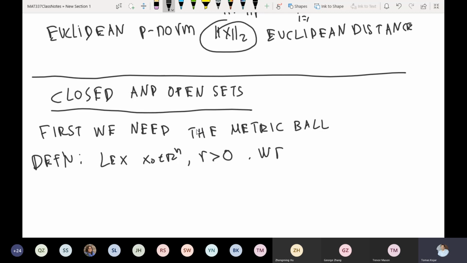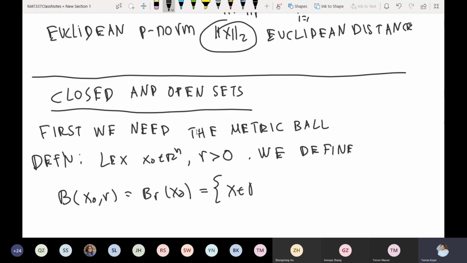We define B(x naught, R), or B_R(x naught), to be the set of all x in R^n whose distance from x naught is less than R.